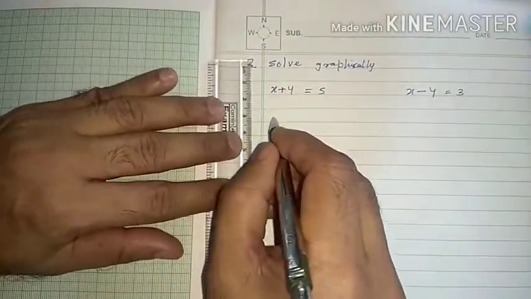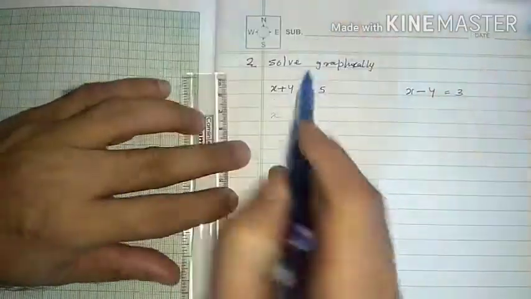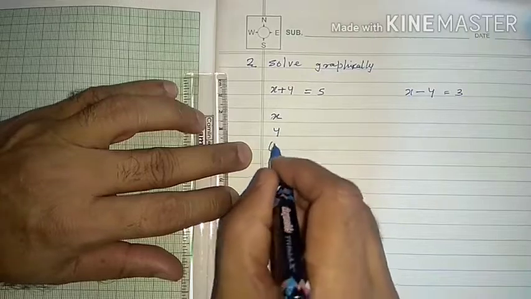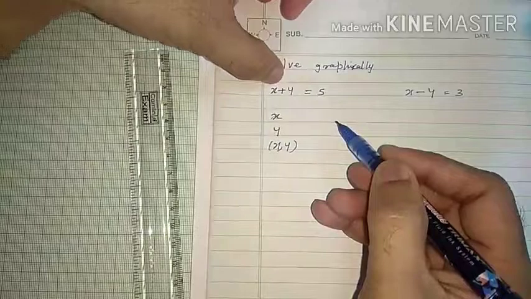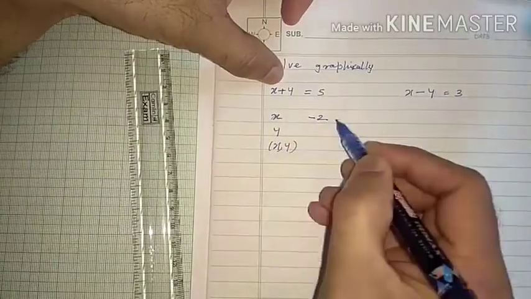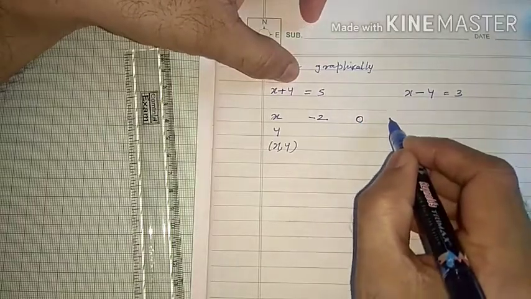We take values of x here: x, y, x comma y. We put different values for x. Put x is minus 2, put x is 0, put x is plus 2.